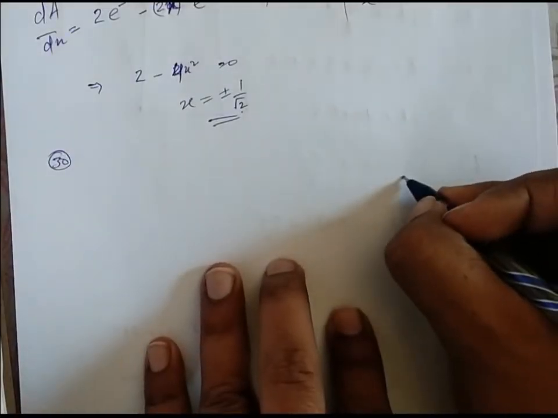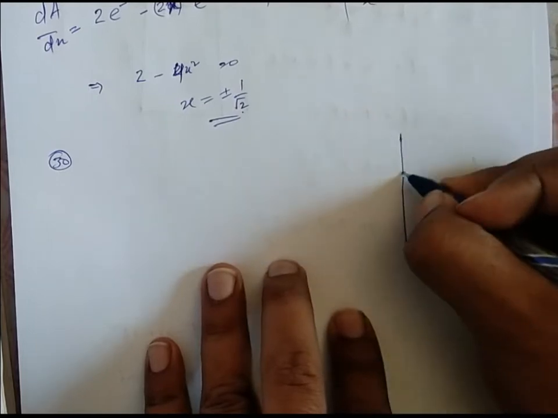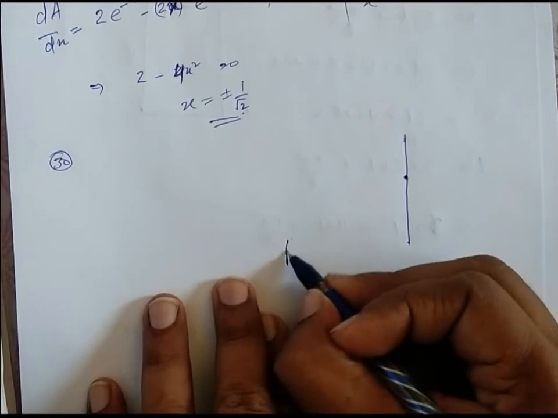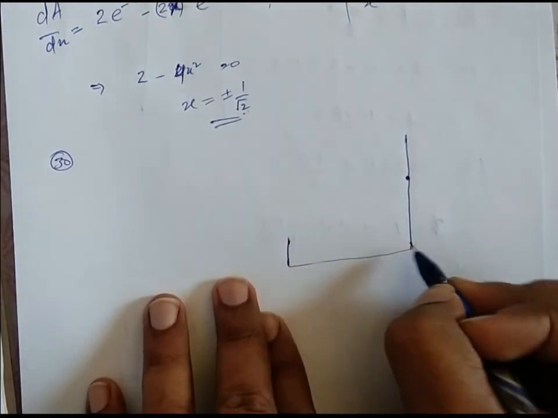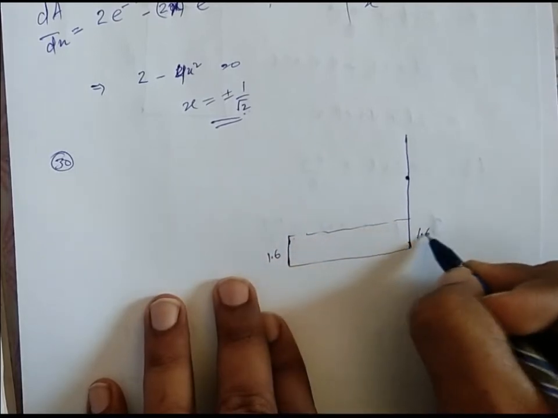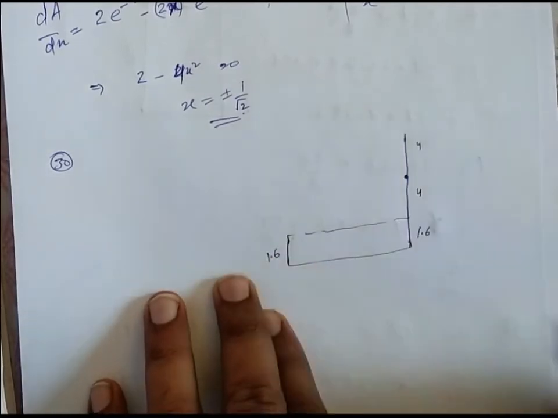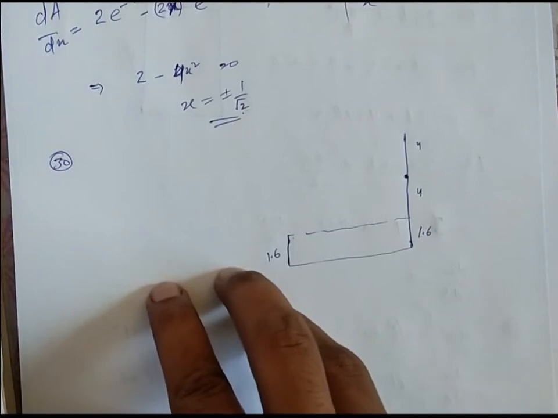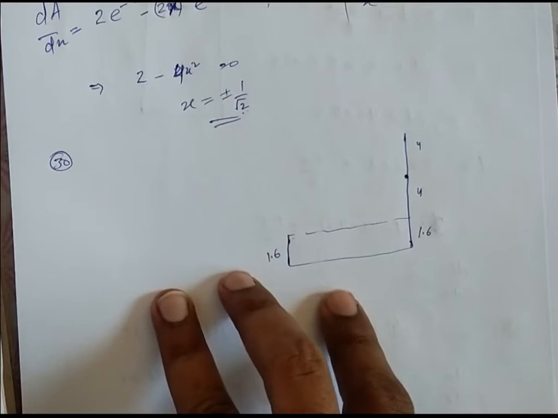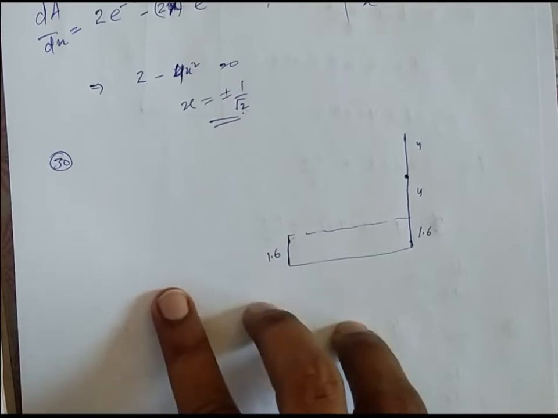So this is 5.6 meter, this is 4 meters, and a man is standing 1.6. So this would be 4 and this would be 4. How far from the pillar should the man stand so that he can see the flagstaff at the greatest angle?